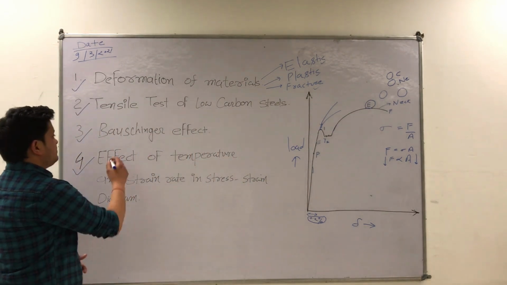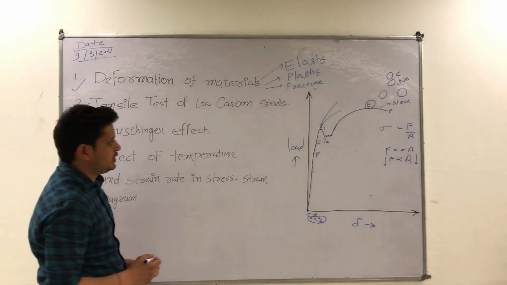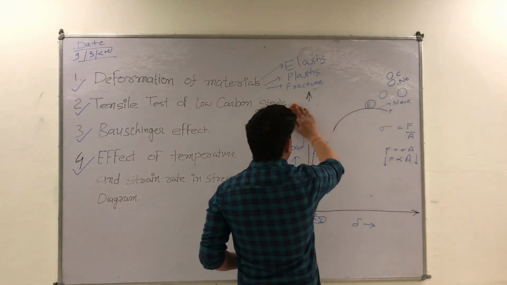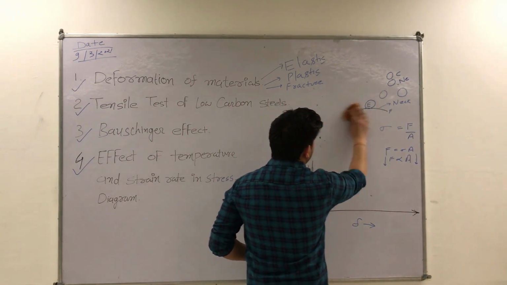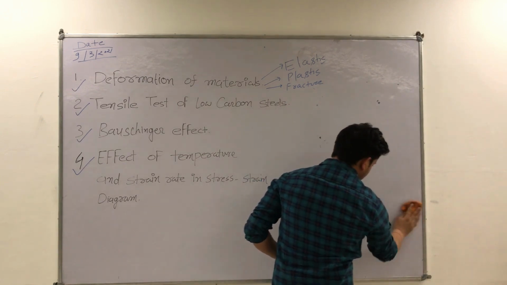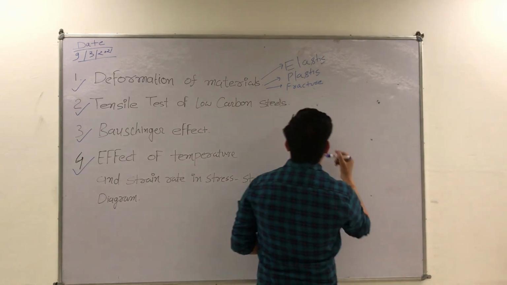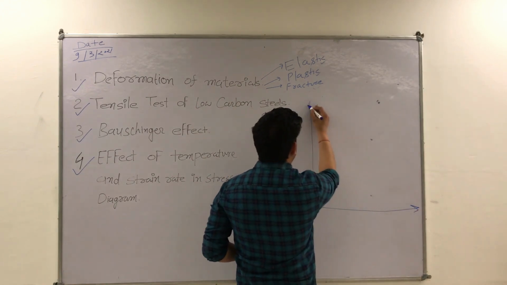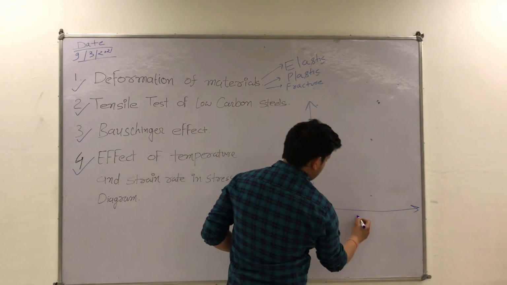Now the third topic is Bauschinger effect. What is Bauschinger effect? Let's suppose this is stress, this is strain.